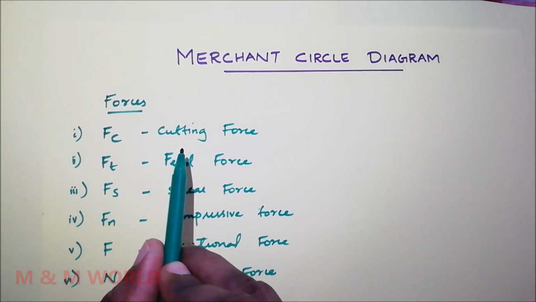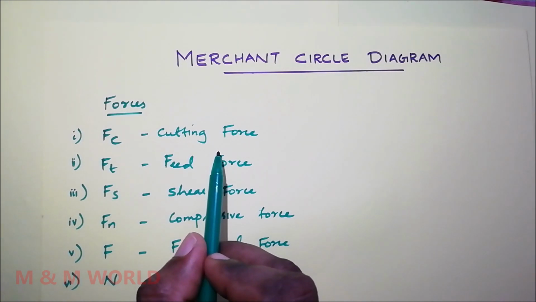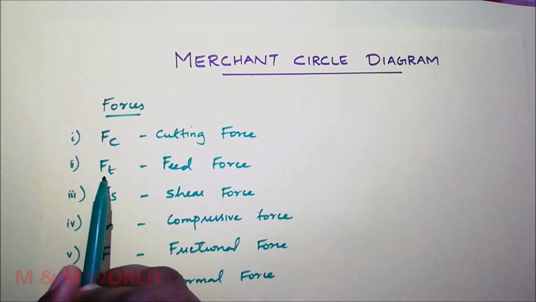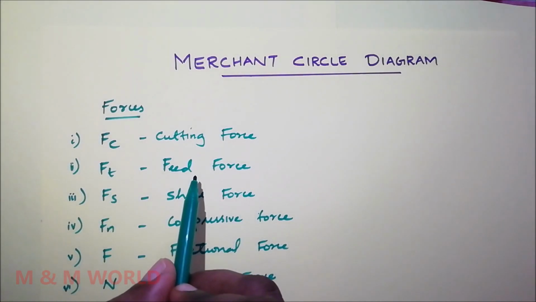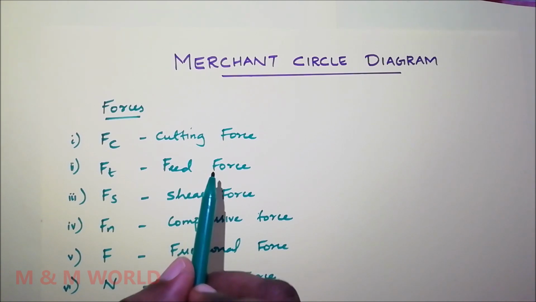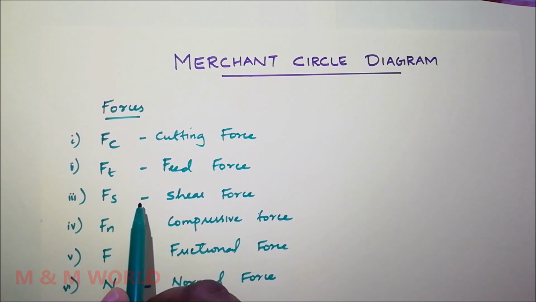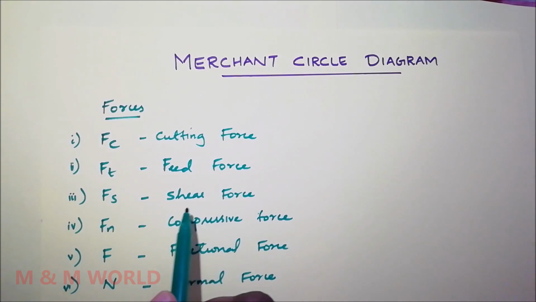So FC is the cutting force, also called the tangential force. Then FT is the feed force, or thrust force, or axial feed force. Fs is the shear force on the shear plane.